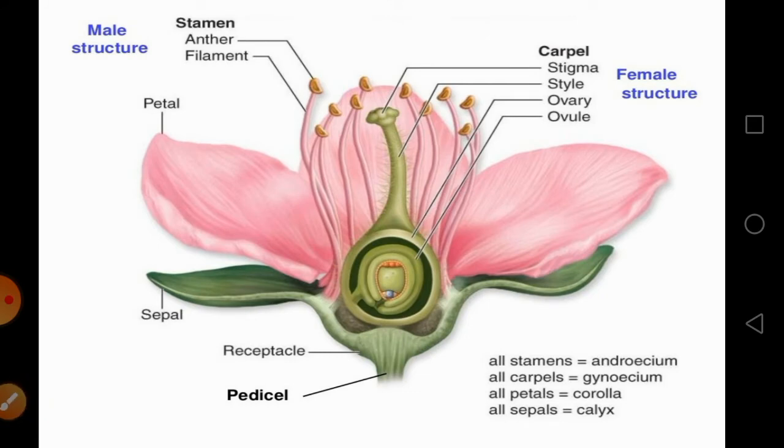So the general flower structure I have presented here. You can see the parts of the flower from the base towards the upward. So first one, you can see the pedicel.